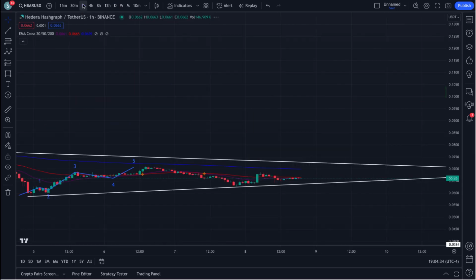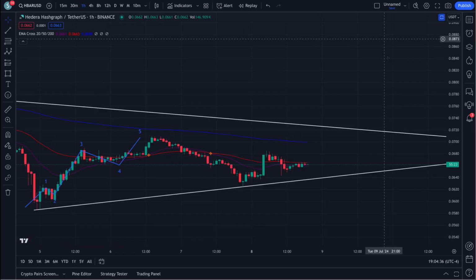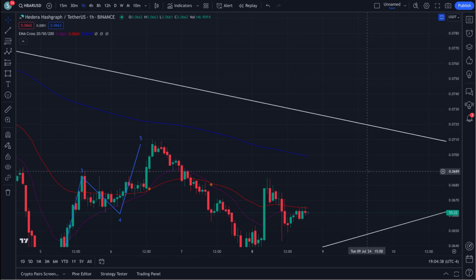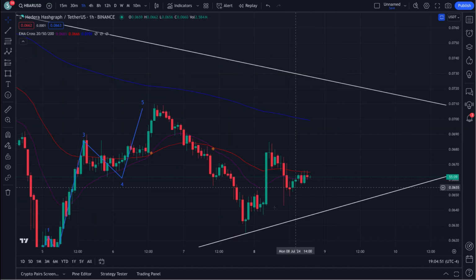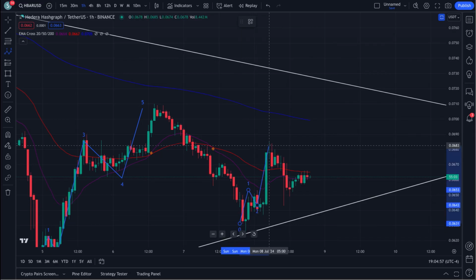Like I said, I want to see that taken out, right there, that 0.0686. I called it 0.069 just to be safe. I would like to see that taken out. That would give me some confidence here. And this is looking like 5 Elliott waves up, 2, 3, 4, and a 5th wave here.